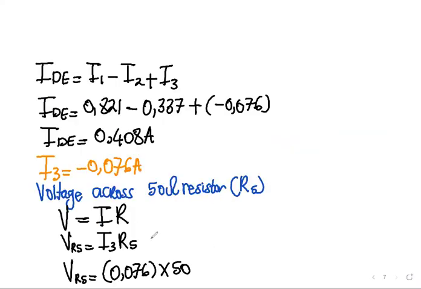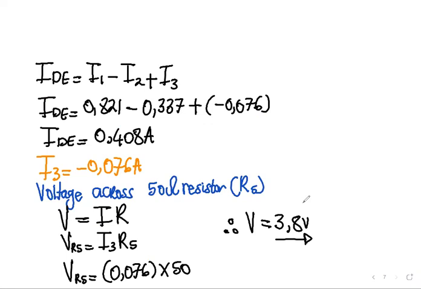So that negative should not stress you. Therefore the voltage, when you multiply 0.076 times 50, is 3.8. So it's going to be 3.8 volts. Now 3.8 volts is our voltage through the R5 resistor, which is the 50 ohm resistor.